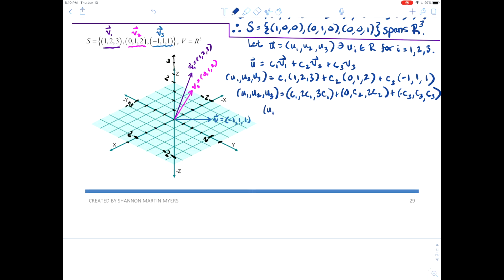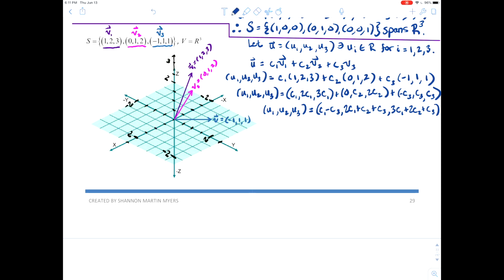So we'll have U1, U2, U3 equals C1 minus C3, comma, 2C1 plus C2 plus C3, and then finally 3C1 plus 2C2 plus C3. Groovy? Awesomely awesome.